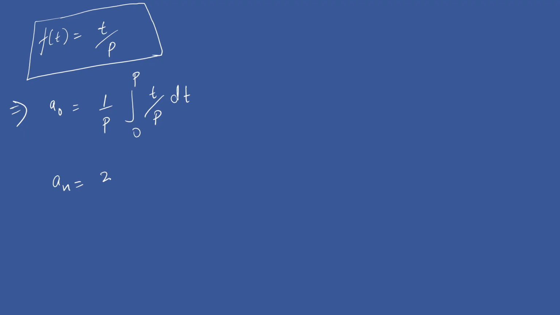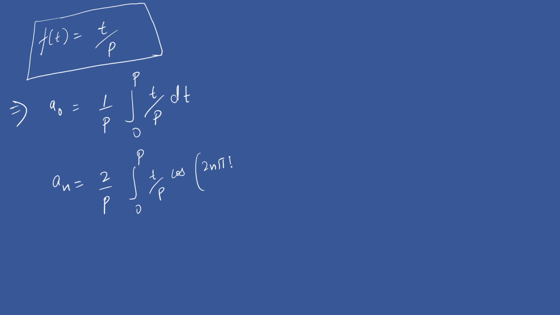Similarly, your an is given as 2 by p, integral 0 to p, t by p, cos of 2n pi t by p, whole integral dt.